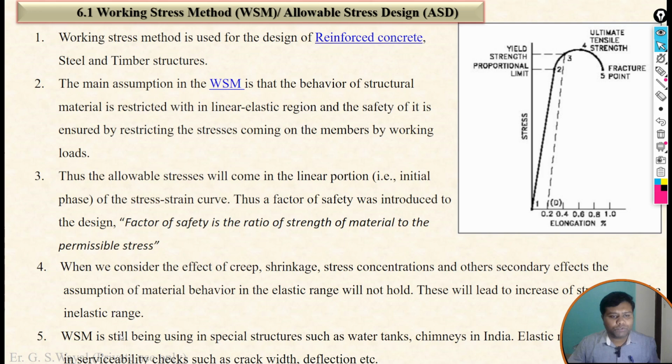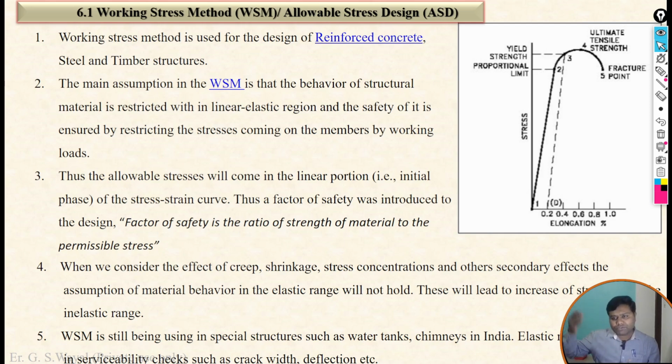Okay, then the fifth point is that WSM, working stress method, is still being used in special structures such as water tanks and chimneys in India. Okay, and the elastic region holds good in serviceability checks such as crack width and deflection. Okay, so basically we know that if we use the working stress method, as we discussed, we will get the higher side, because whatever secondary effects are there, like shrinkage, creep, and the stresses, those secondary effects are not considered in the elastic zone.